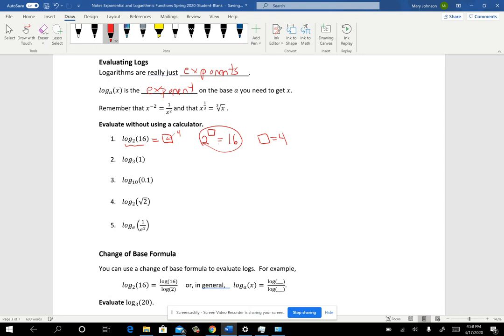Okay. So we're going to do just a few of these. I'll show you the rest of them, but this isn't something you really have to do that often. I'm just wanting you to get the hang of what a log is, start getting a sense of it. Okay, so like I want to know what that is, but this is hard to think about. So the base is 3.